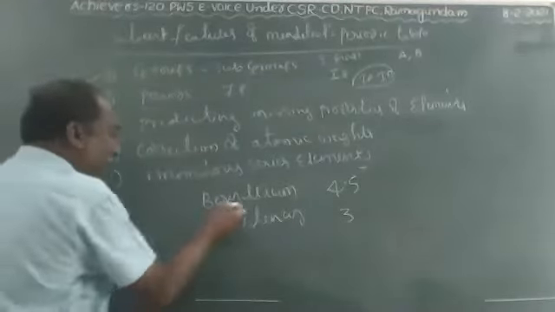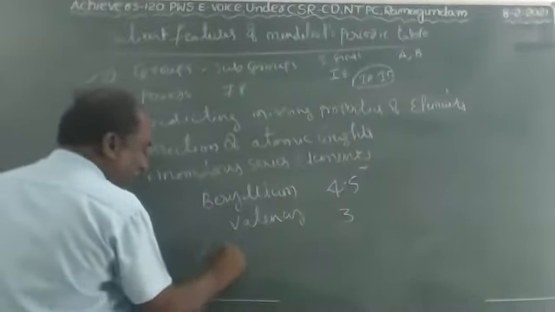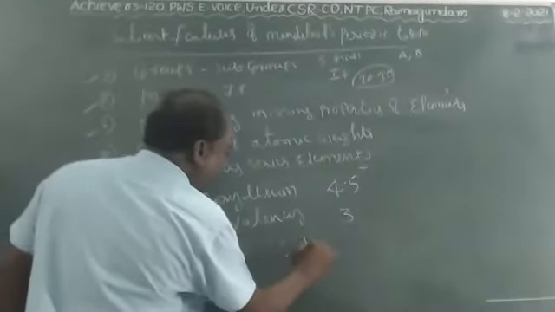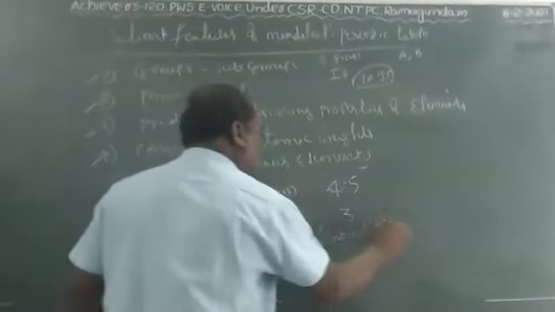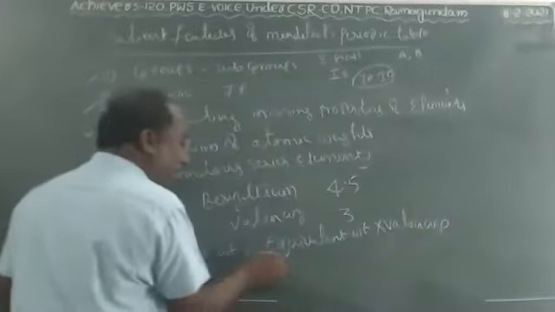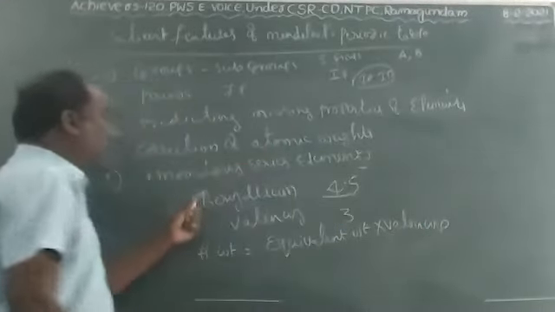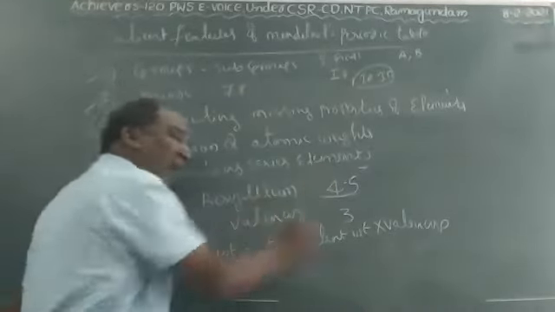And when we find the atomic weight, the formula is atomic weight equals equivalent weight into valency. Equivalent weight is the atomic weight divided by valency, children. And for beryllium at that time, the equivalent weight was considered as 4.5.